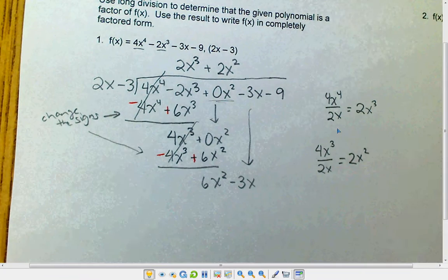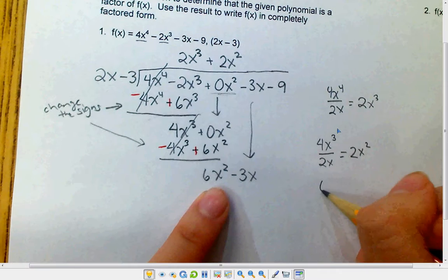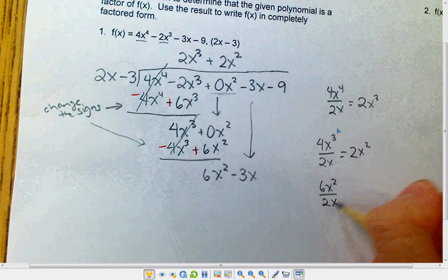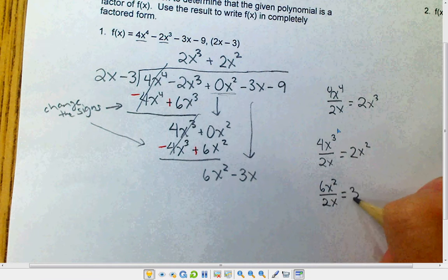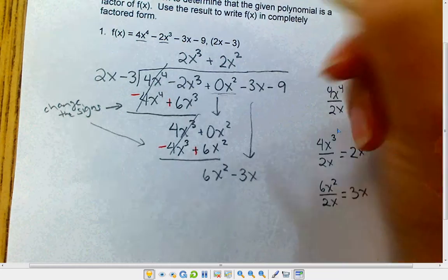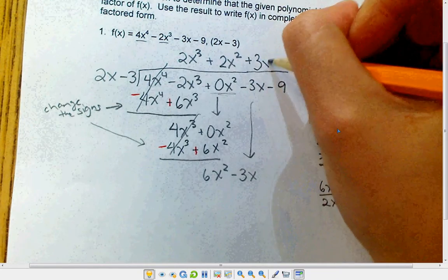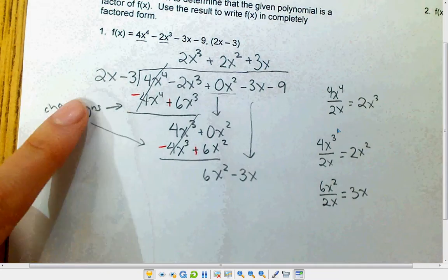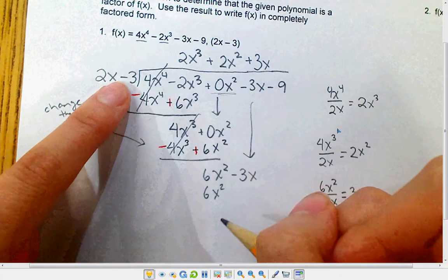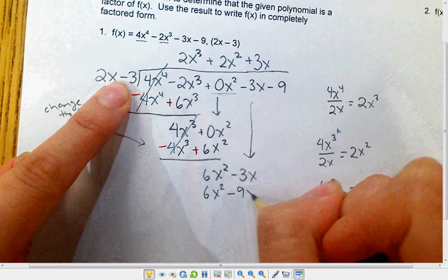And I'm going to do this whole process again. We're starting off with the 6x squared, and we're going to divide it by 2x. 6 divided by 2 gives me 3, x squared divided by x leaves me with x. So positive 3x goes on top. 3x times 2x gives me 6x squared. 3x times negative 3 gives me negative 9x.